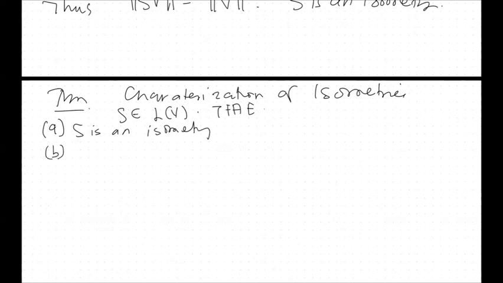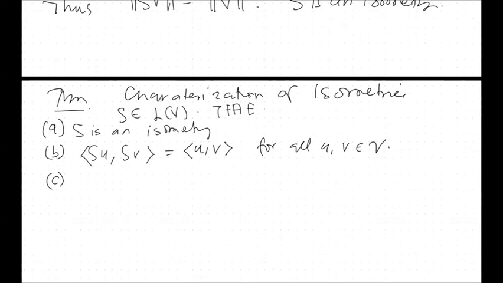B, the inner product of S of U and S of V is just the inner product of U and V for all U and V in our vector space.